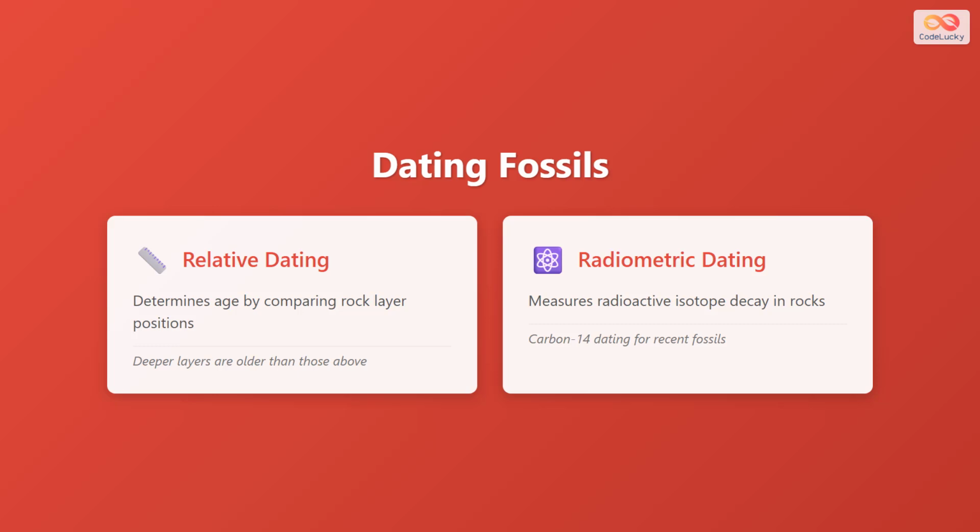The second method is radiometric dating, which measures the decay of radioactive isotopes in the rocks surrounding the fossil. Different isotopes decay at known rates, acting like natural clocks. For example, carbon-14 dating is commonly used for relatively recent fossils, while other isotopes are used for much older specimens. Together, these methods allow scientists to construct an accurate timeline of life on Earth.